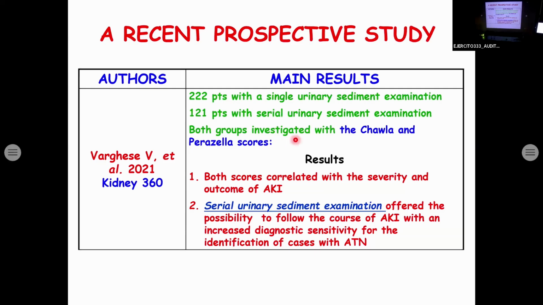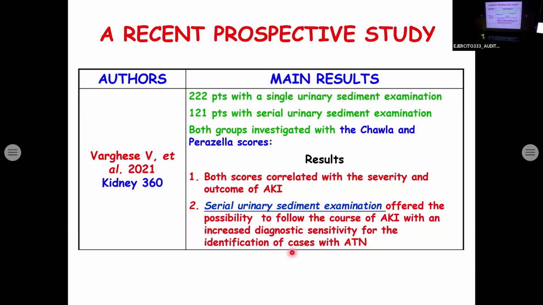Both groups were investigated with the Chawla and Perazella scores. Results: both scores correlated with the severity and outcome of acute kidney injury. Good. But especially the serial urinary sediment examination offered the possibility to follow the course of acute kidney injury with an increased diagnostic sensitivity for the identification of cases with acute tubular necrosis.